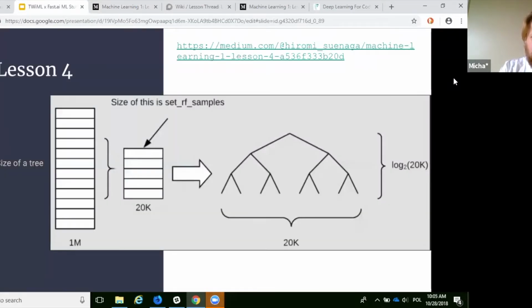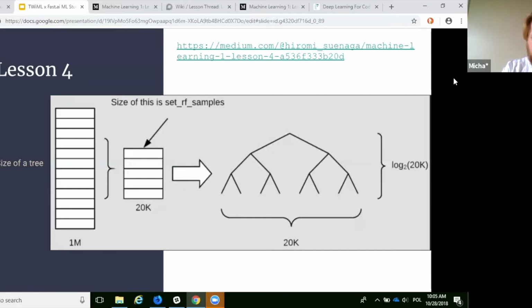He started the lesson talking about the size of a tree and how set_rf_samples works, with the log base 2 of the number of samples. That's how deep your tree is if you don't use any other hyperparameters, and the number of nodes in the tree is basically the number of your samples, in this case 20,000.